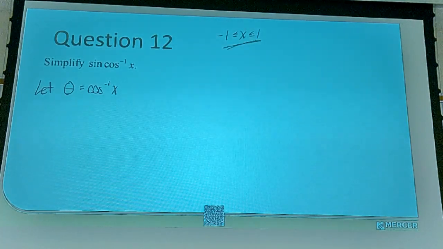The domain of inverse cosine is minus 1 to 1, so x is going to have to be restricted between minus 1 and 1. What's the range for inverse cosine? 0 to pi.